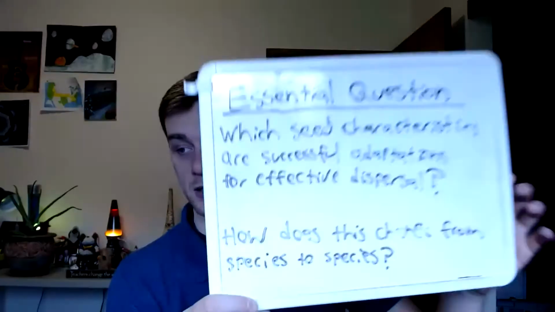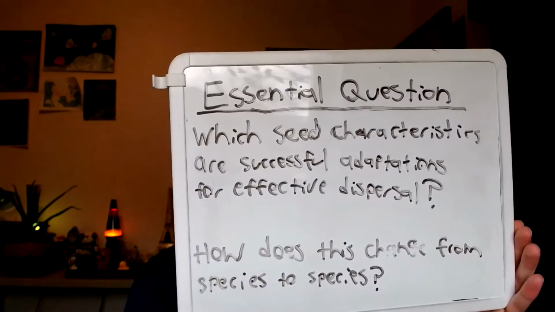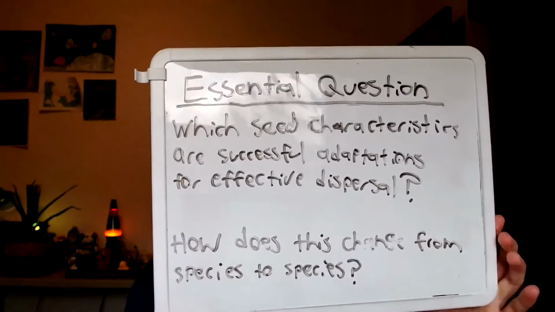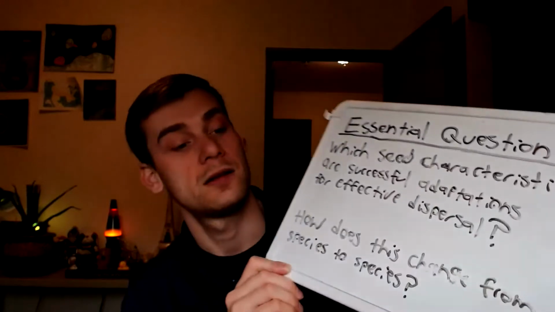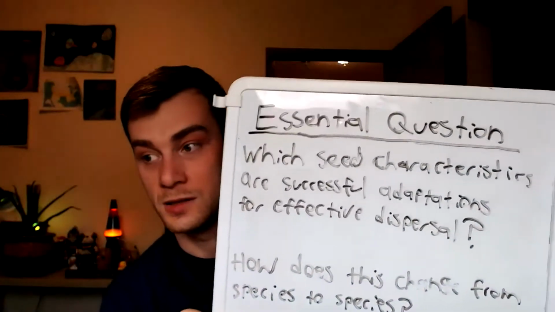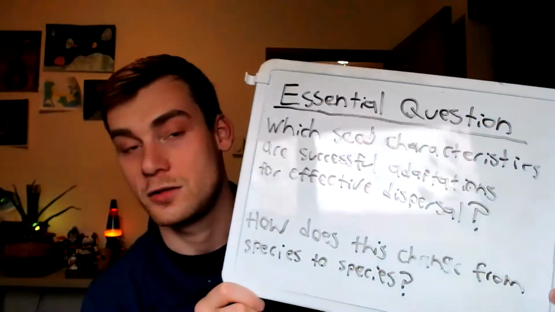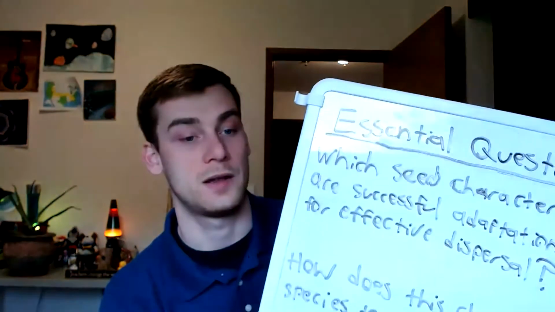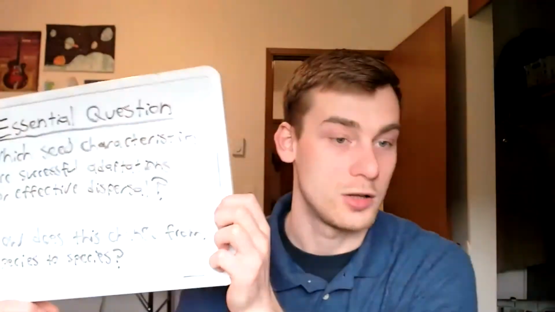Our essential question is: which seed characteristics are successful adaptations for effective dispersal, and how does this process change from species to species? We're going to refer back to this essential question periodically throughout this lesson. Once you're finished writing that in your journal, we'll go ahead and start.